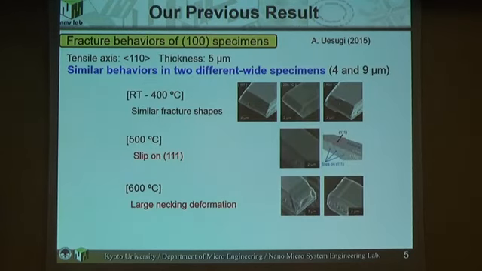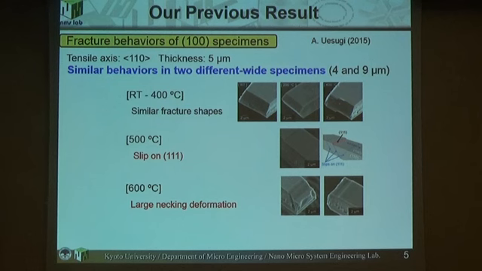So we have developed a tensile testing machine, which I will introduce later, and are working on micro scale single crystal silicon. In this case, the surface orientation is 100 and the tensile axis is 111. We have found that at 500 degrees C, slip on the 111 plane was observed.